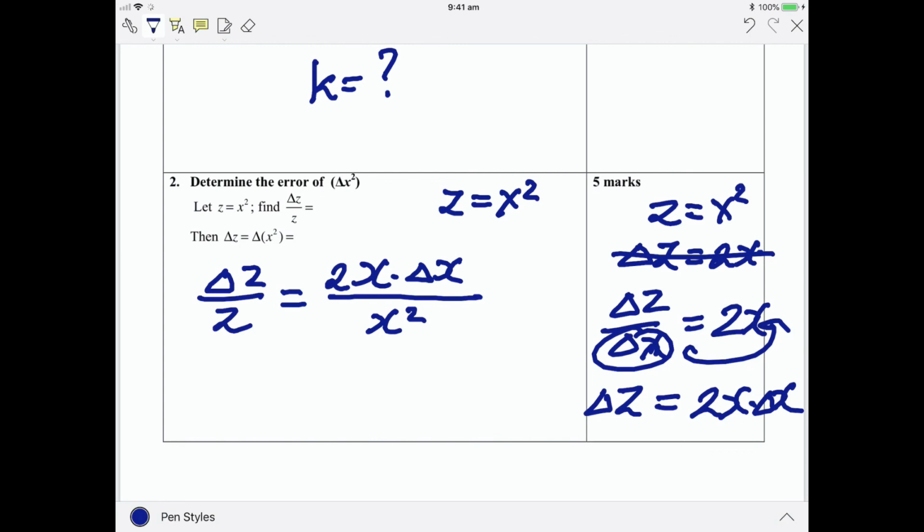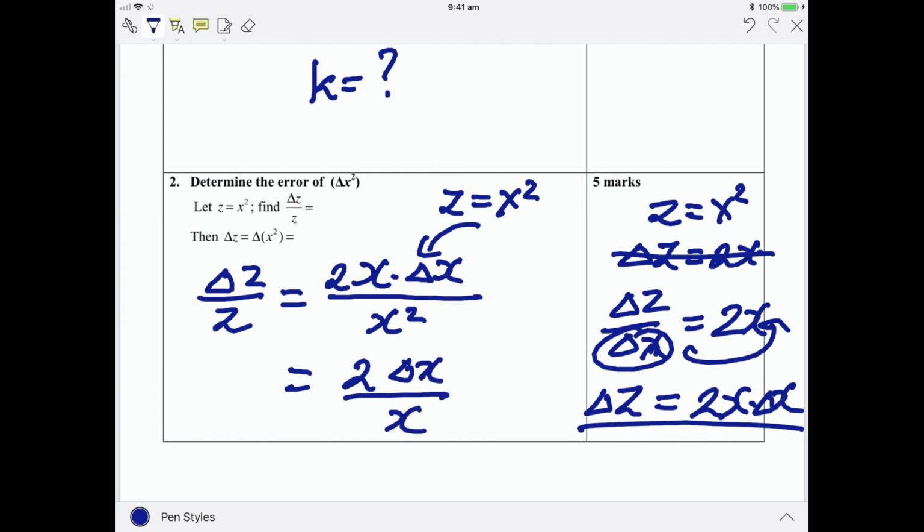Now, I know in true mathematics you are not allowed, but in physics you are allowed to treat delta x as a denominator, just like a number. So can you see it now? Once you substitute here, z is here. So from here to here, you should be comfortable now. Once you got this, you cancel this one. So it's 2 delta x over x.